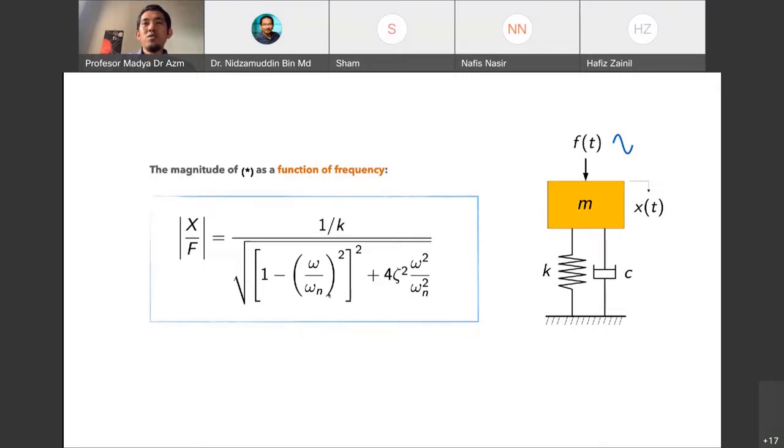This is much more important, especially for engineering students, to understand, not take the equations blindly as they are. So we have here the parameters: the stiffness of the system, the natural frequency, which is the square root of k over m, and the excitation frequency of the machine.